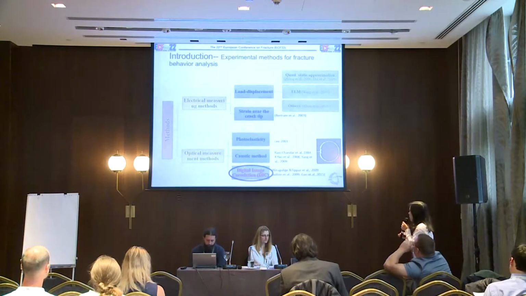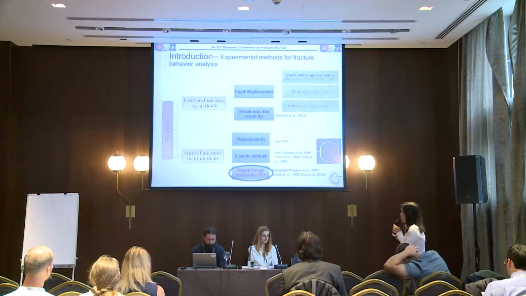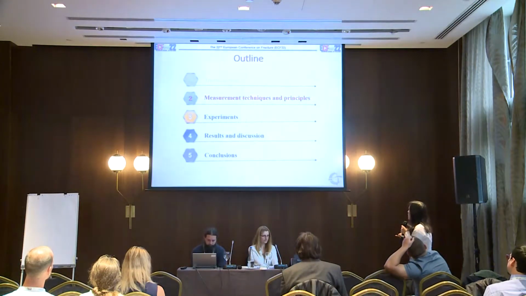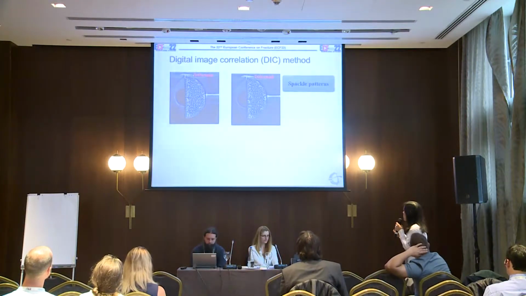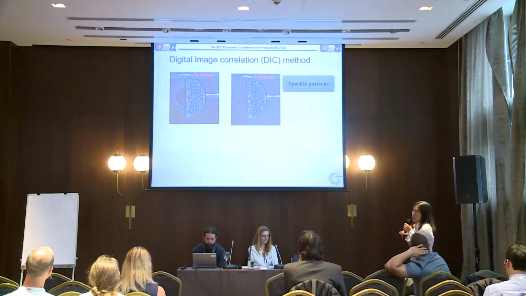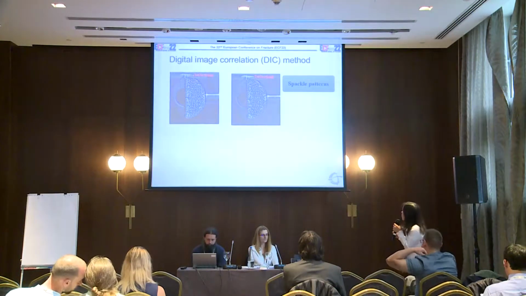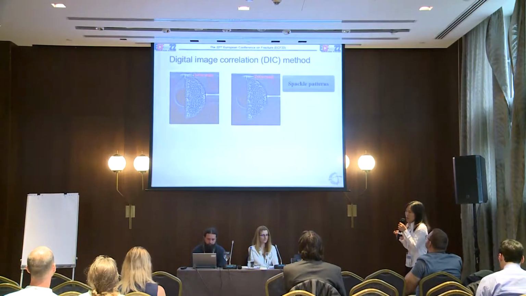Here, we use the digital image correlation method to study the dynamic fracture of rock under combined load. Measurement method. The digital image correlation method deals with a series of images: one before deformation, which we call the reference, and the others are deformed images.